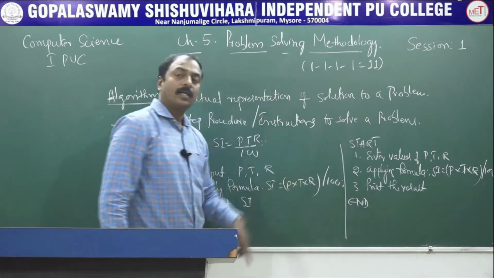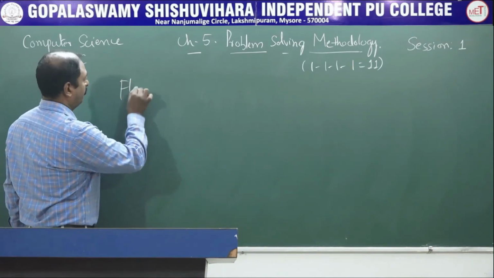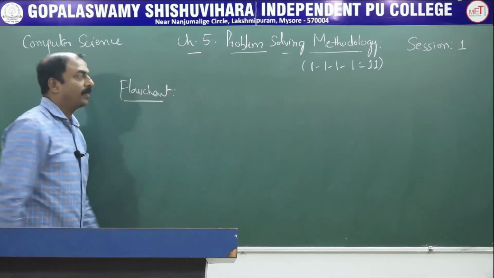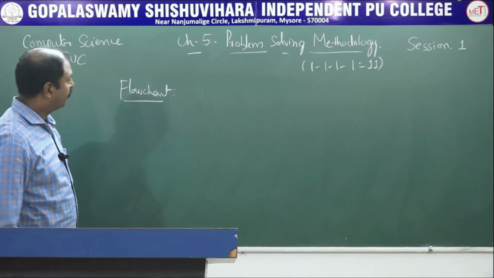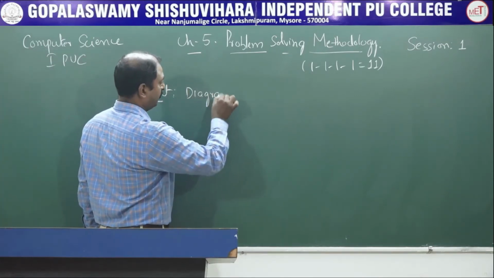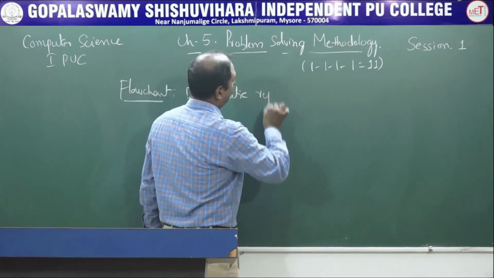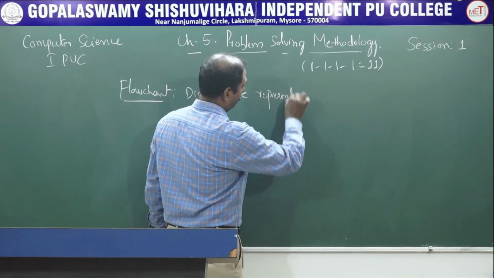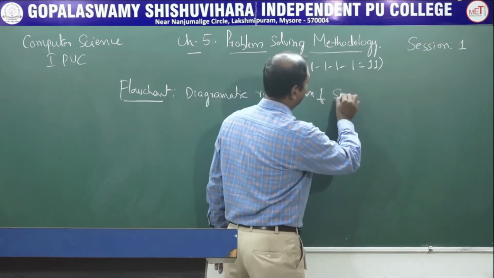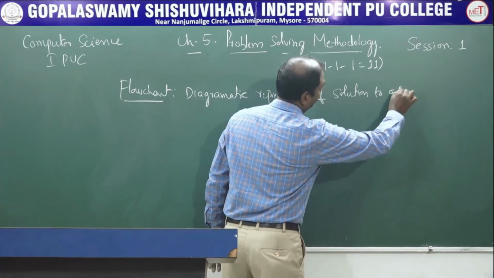So this is algorithm. Next one is flow chart. Okay. What is a flow chart? Flow chart is nothing but a diagrammatic representation of solution to a problem.